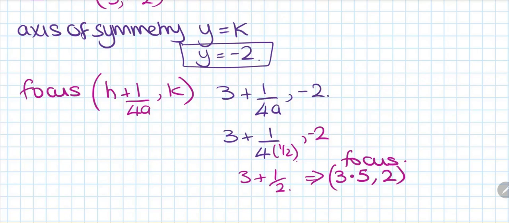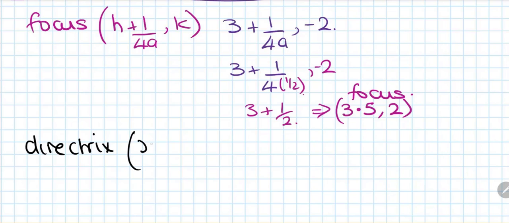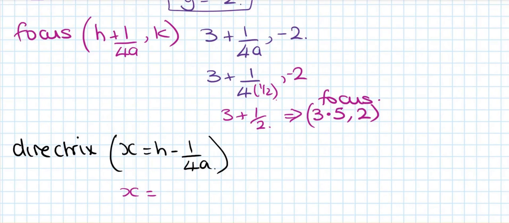So now we need to look at the directrix. The formula that we're going to use is x is equal to h minus 1 over 4a. So we're going to substitute in what we know. Our value for h is 3, so it's 3 minus 1 over 4 and a half.